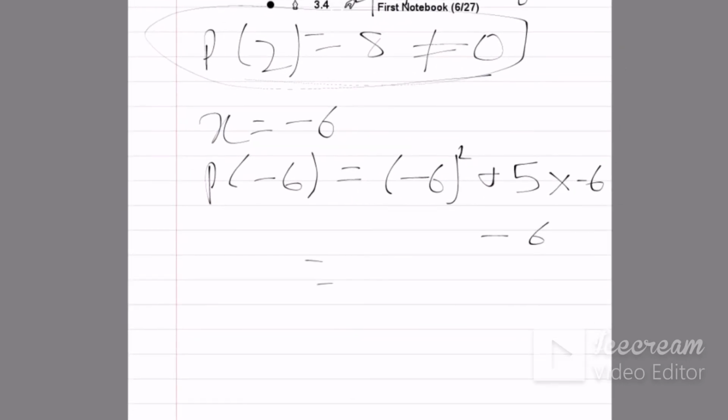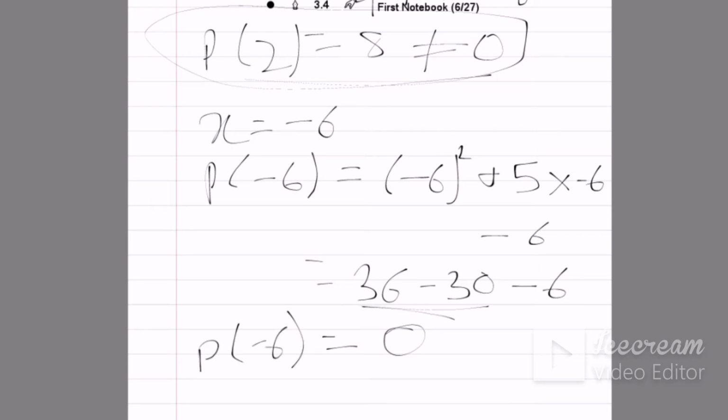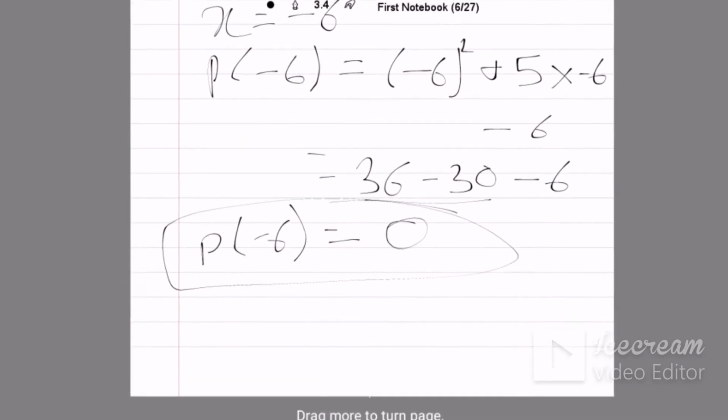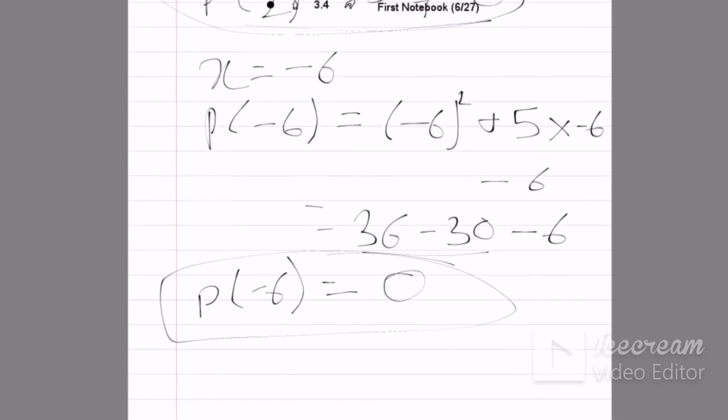Minus 6 square is 36, and this is minus 6 into 5, that is minus 30, and this is minus 6. So 36 minus 30 is 6, and 6 minus 6 is 0. So we got the value of p of minus 6 to be 0, right? So we can say that minus 6 is the root of that equation, because we have got the value of the equation to be 0.